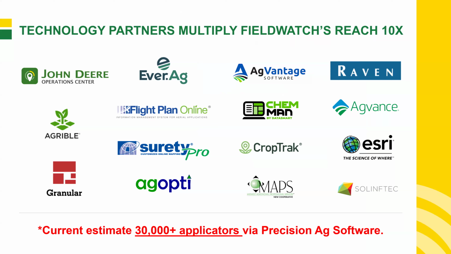But you've got all of these different platforms, whether they're ground-based or aerial-based, where these 30,000 plus, and I think that's a very, very low estimate, these folks all pull this data into their specific systems that they use when they're doing their work. So they can see everything that we just shared from the website, but they see it directly in their platforms.